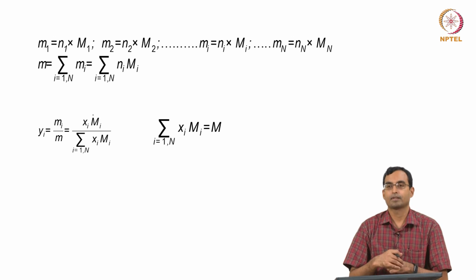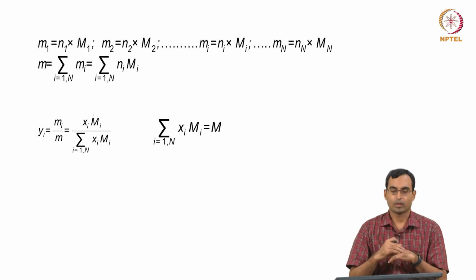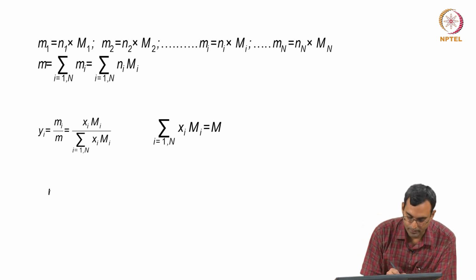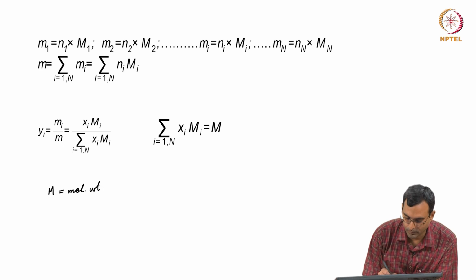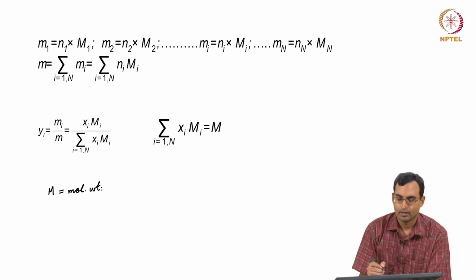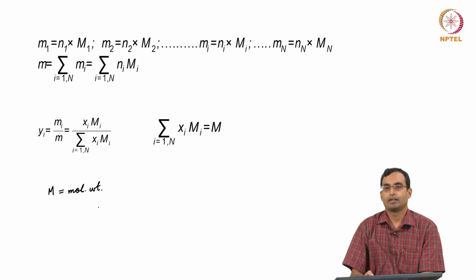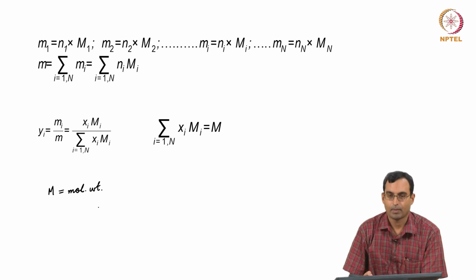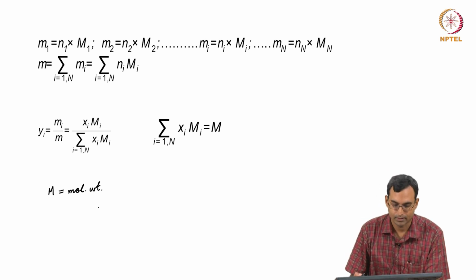We can look at conversions of these various quantities from one into the other. So, capital M represents for us the molecular weight or molecular mass as it is called, which is essentially the mass in kg of 1 kilomole of substance.